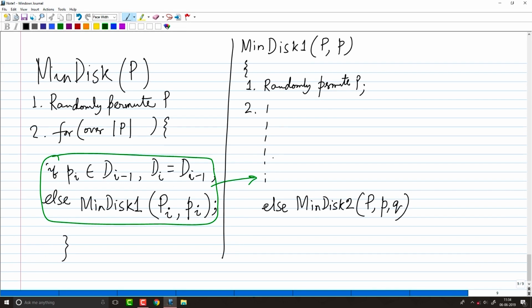So, if there was this for loop, and if your q belongs to this D_{i-1}, or just name it as some other disk, then D_{i-1} dashed is the same as this, else what happens?